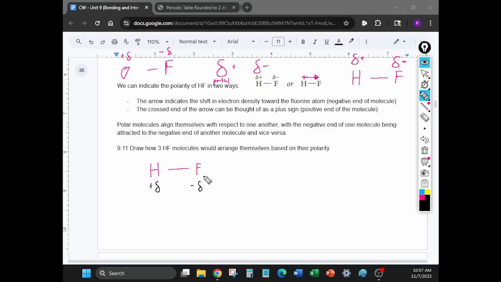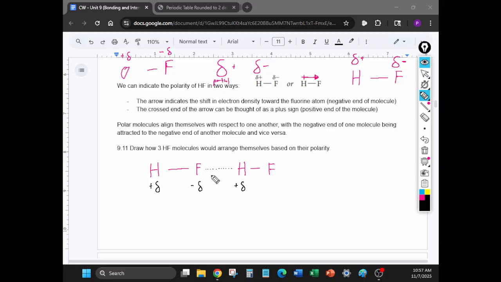These molecules rearrange based on the polarity. Another HF molecule comes up next to this HF, and it sees that this side is partially negative and this hydrogen is partially positive. They're like, oh, that's my opposite charge. That side of the molecule looks kind of cute. And then they start to form this partial connection.